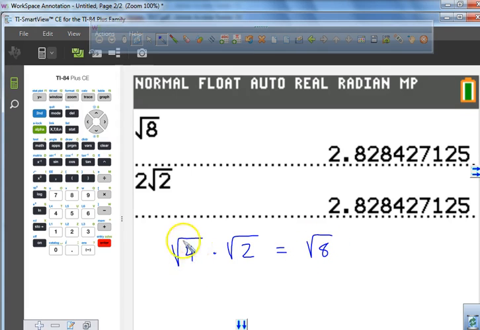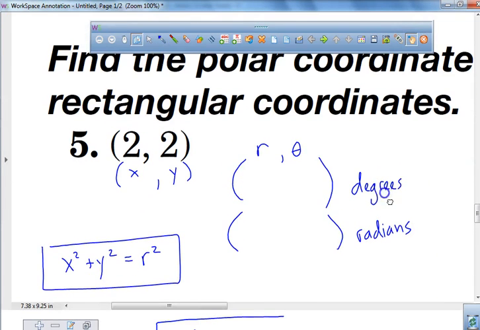But what does the square root of 4 actually equal? 2. So there's 2 radical 2. That's another way of thinking about it. So right now, everybody, for r, put 2 radical 2 and 2 radical 2.